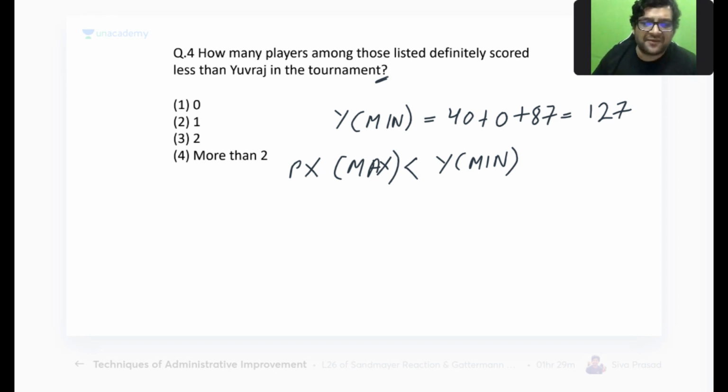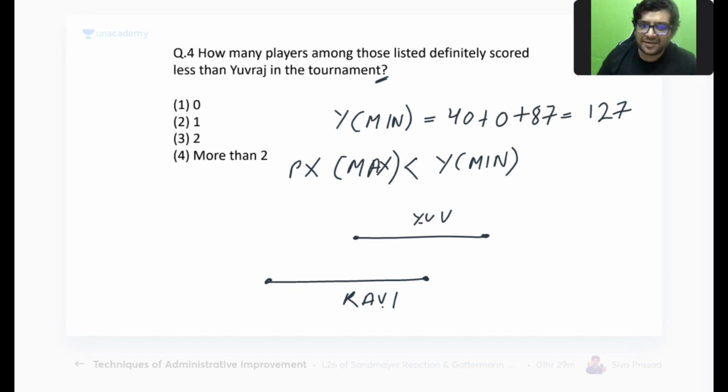See, for Yuvraj, we have a range. Suppose this is Yuvraj, and suppose this is Ravi, then Ravi can be less than Yuvraj, but if Yuvraj is here and Ravi is here, then Ravi can be more than Yuvraj also. What do we want? We want someone to be always less than Yuvraj.